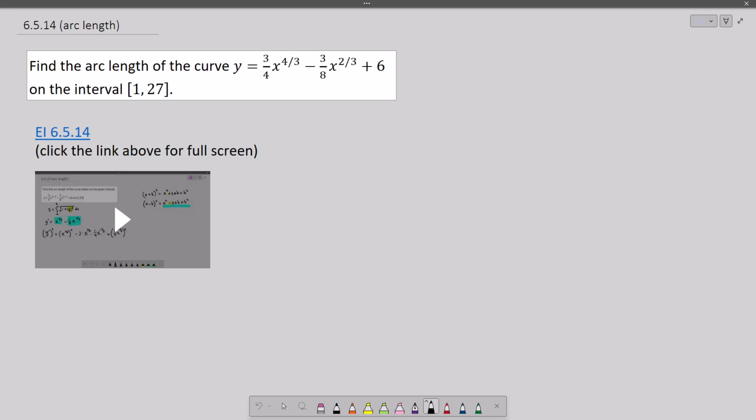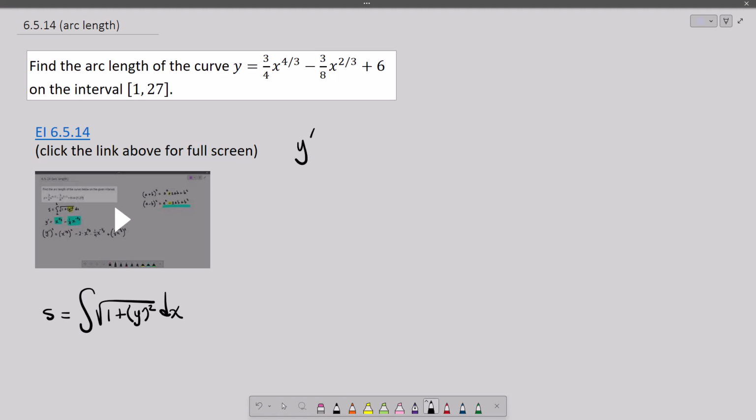All we have to do is visualize a wiggle in quadrant 1. And we want to find the arc length of it. So we know that we are going to have to find its derivative, because the generic formula for arc length, remember, is the integral of the square root of 1 plus y prime squared. That is our generic formula.